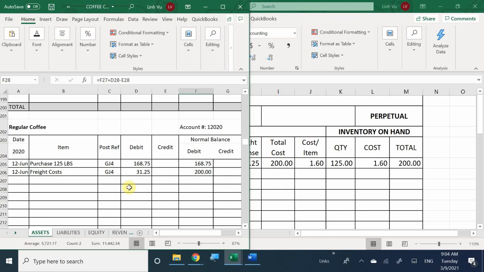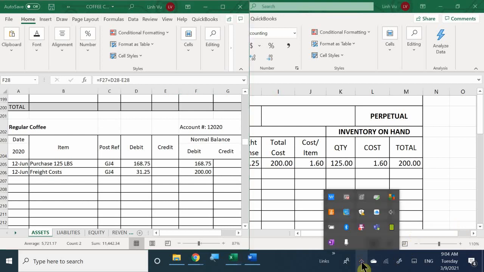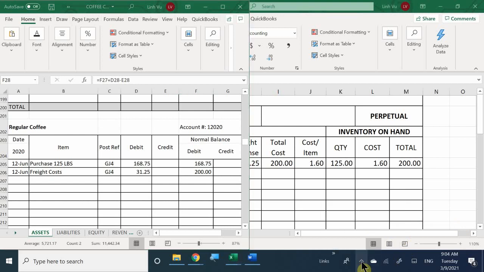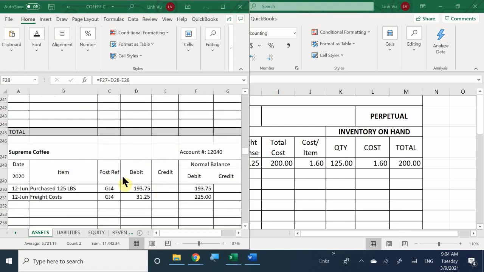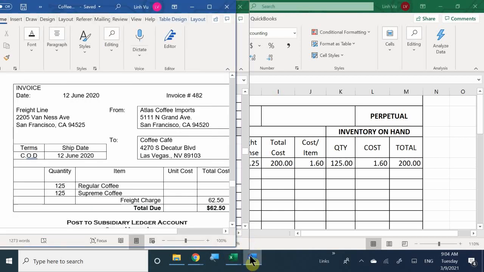So this is your point of reference to make sure that you are doing the inventory worksheet correctly at all times. So make sure that you check your ledger, because this is where you'll get the correct answer. All right, any questions so far?